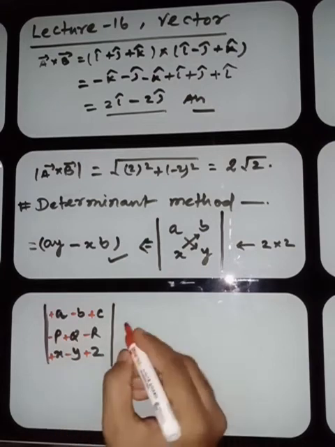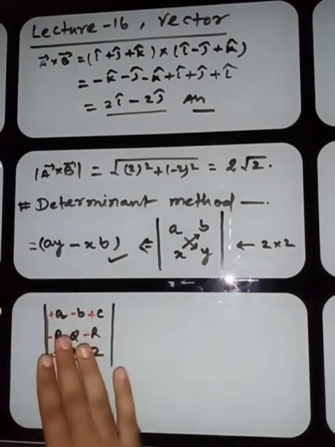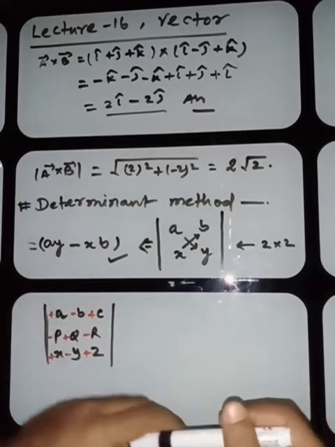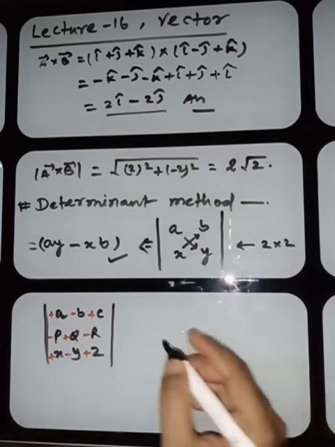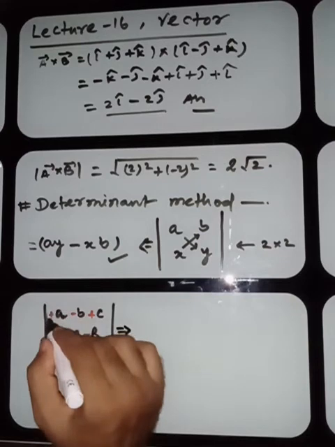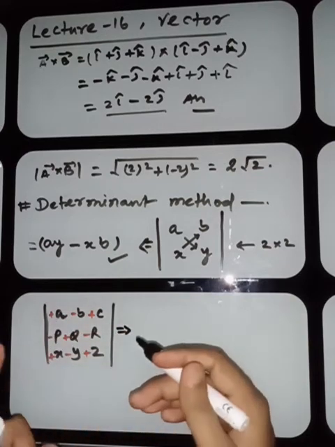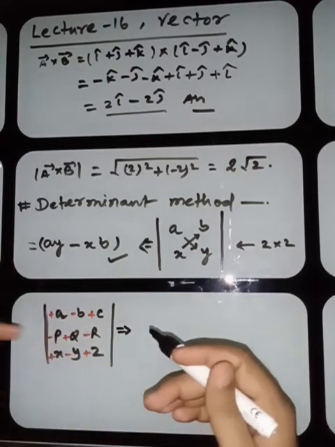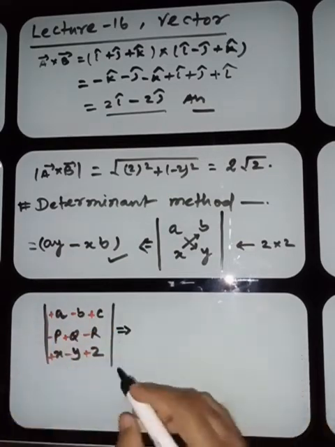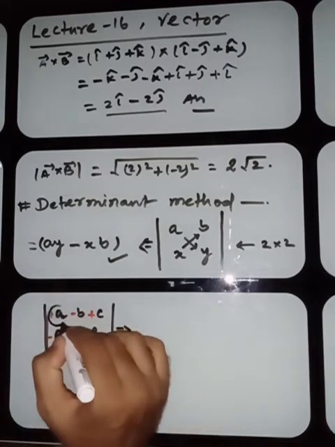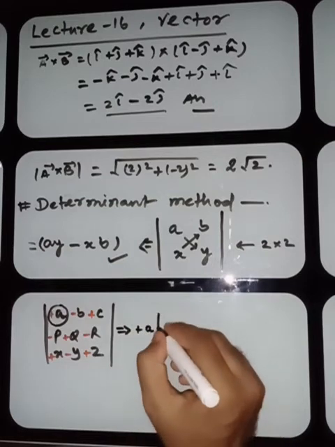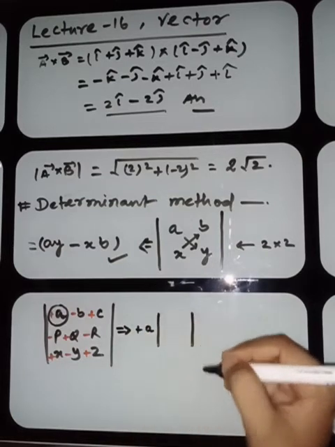Now you are going to split this determinant into 2 into 2 because you can solve only the 2 into 2. How do you have to split? Look here carefully, you have to pick the first member. You can pick any column or any row to convert this into 2 into 2. If I pick this plus A, then the entire determinant will be converted into 2 into 2.